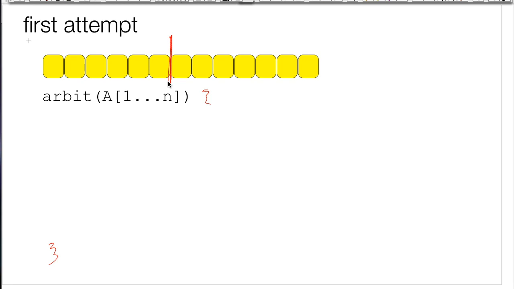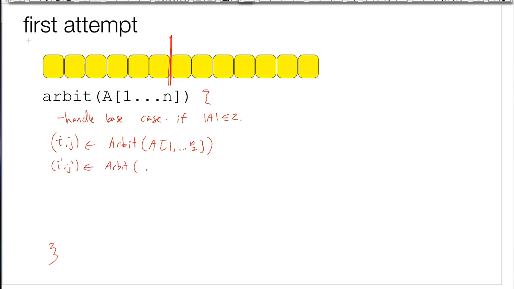Good. So in words, we're going to split the problem in two. The structure of many of these problems is: first handle the base case and then compute the best trading day where I only traded on the left. I had to buy on the left and sell on the left. Then compute the best trading day if I had to buy on the right and sell on the right.